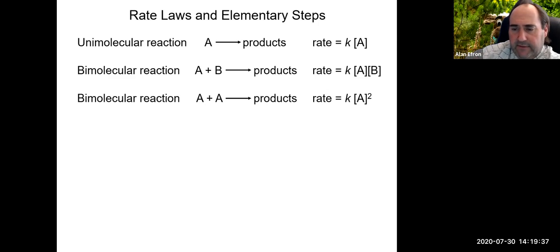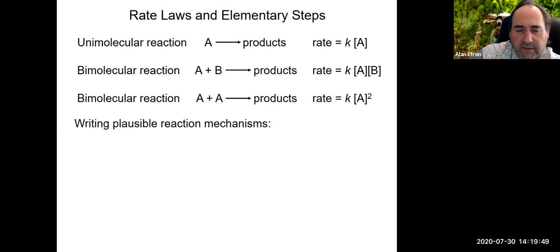And this helps us determine whether or not a reaction mechanism is plausible. So how do we know if a reaction mechanism is plausible or maybe a good mechanism or not such a good mechanism? There really are two important things that have to happen in order for you to say, I think this is a good mechanism.